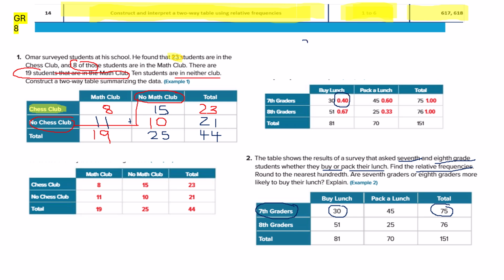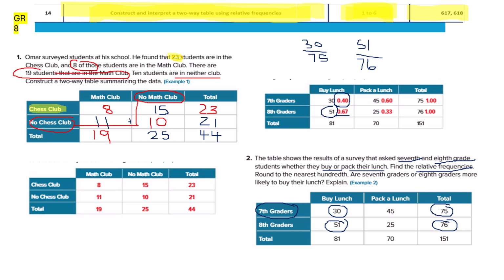So 30 divided by 75. Then we would take the 8th graders, which is 51 divided by the total of 8th graders, and that is 76. 51 divided by 76, and that should give you 0.67.